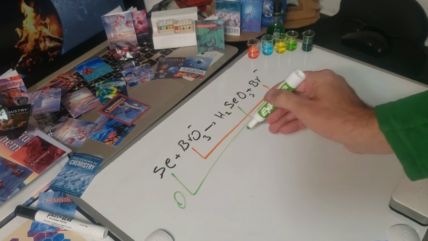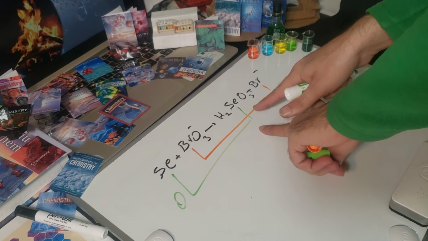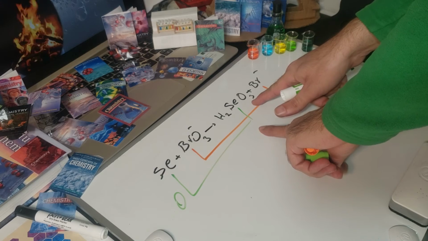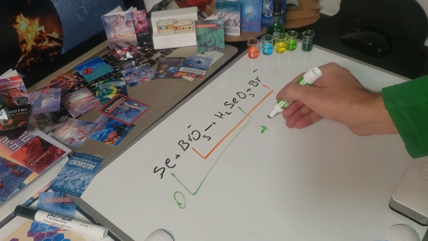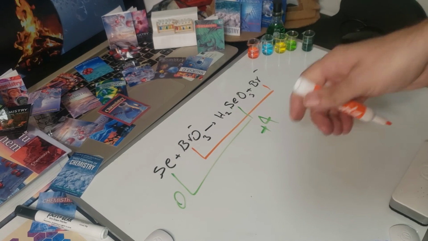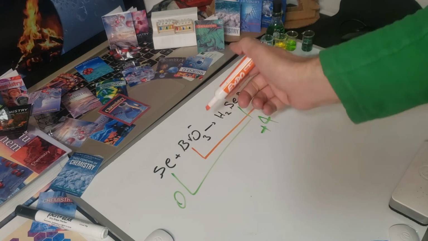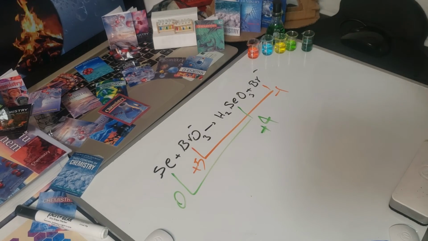Selenium goes from 0 to Se plus 4, and Br minus 6 is -1, so Br is plus 5, Br minus 1. Okay, so that's this.